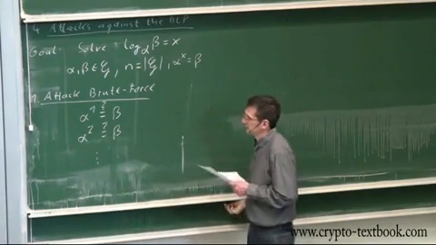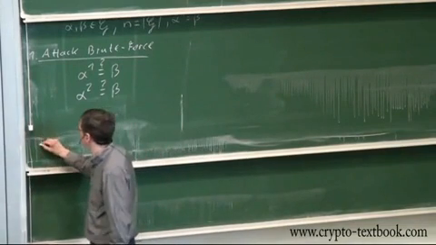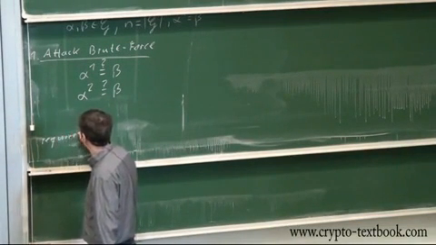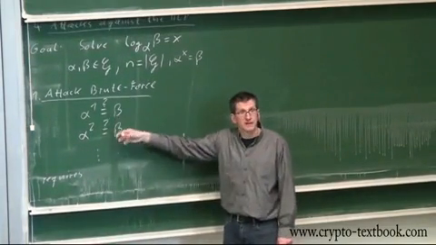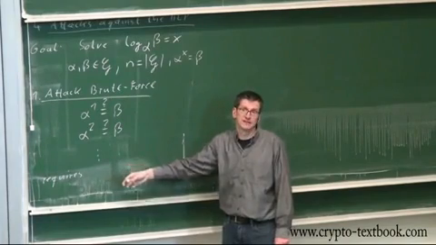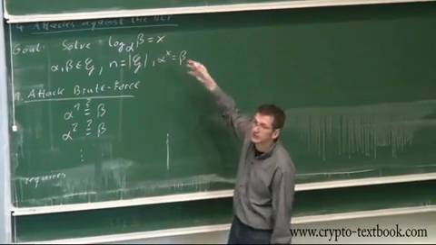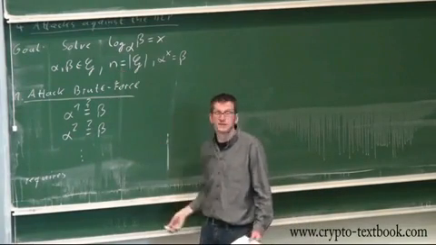Okay. How many steps do I have to perform in the worst case here? What's the worst thing that can happen with this notation here? N, right? Because there are n elements in the group.